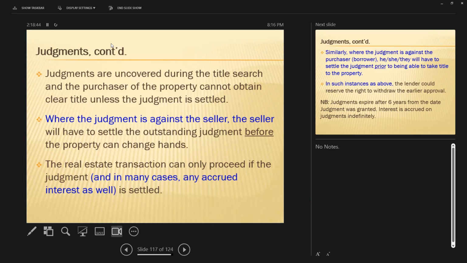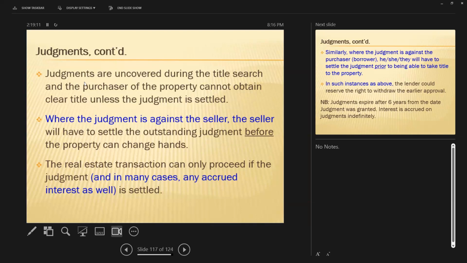They want to make sure that if the bank is doing a mortgage in a sales transaction, the purchaser doesn't have any encumbrances or judgments against them, and they also want to make especially sure that the seller doesn't have. That's their primary concern.